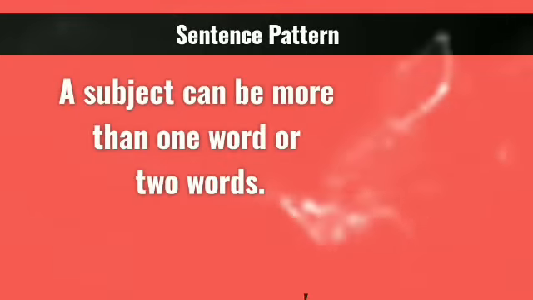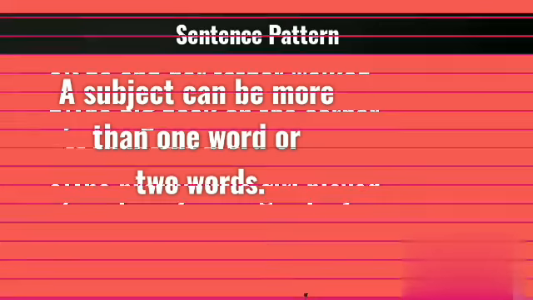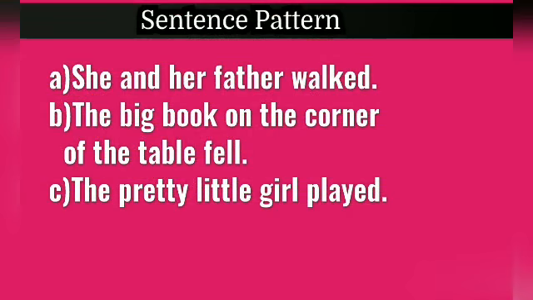A subject can be more than one word or 2 words. Let's see this with examples. Always remember that a subject need not be one word. Look at these sentences. The subject has more than one word. First one, she and her father is the subject.